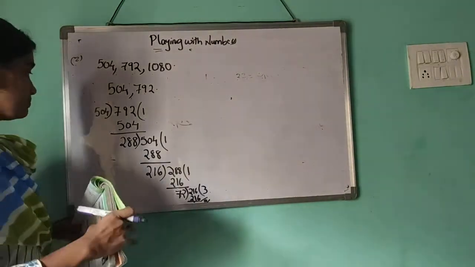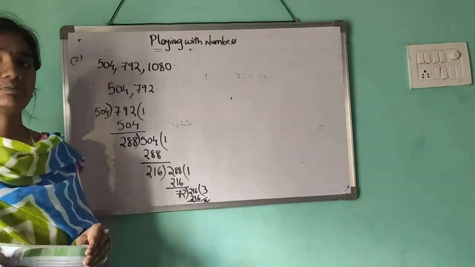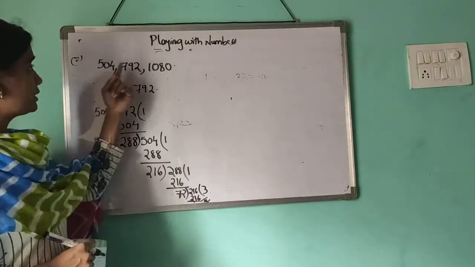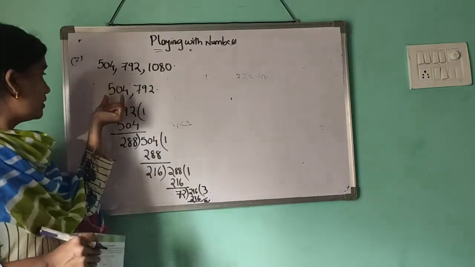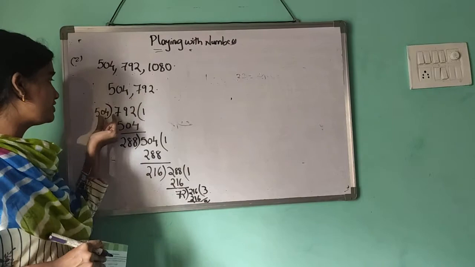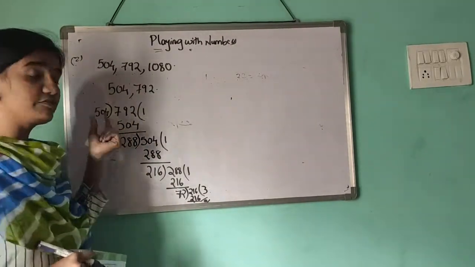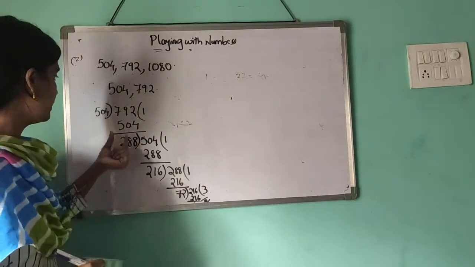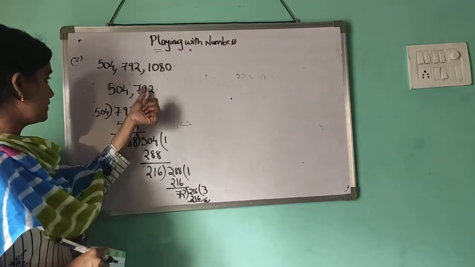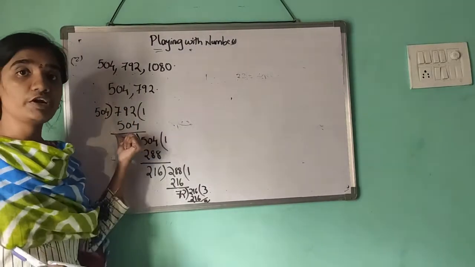In this way, I will explain one more time. We already know the division method rule. Among 3 numbers, you have to take any 2 numbers. The highest number is divided by the smallest number, and the divisor is divided by the remainder until you get 0. So here, the highest number 792 is divided by the smallest number 504.